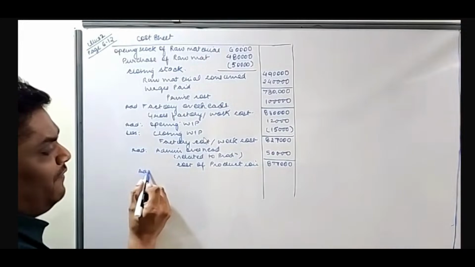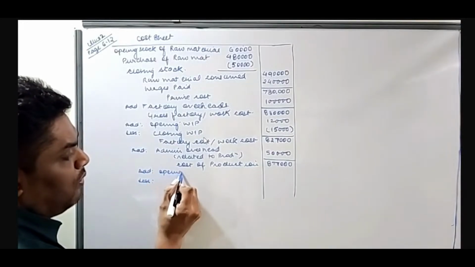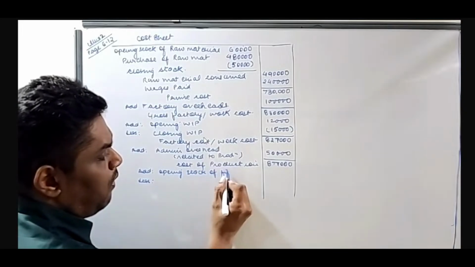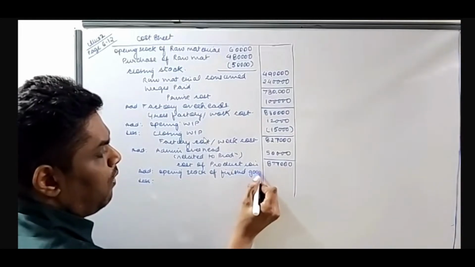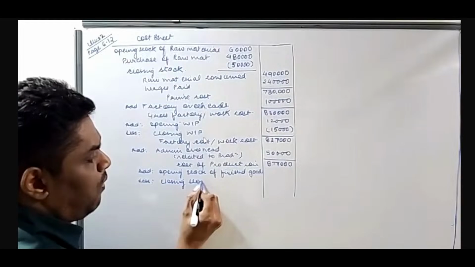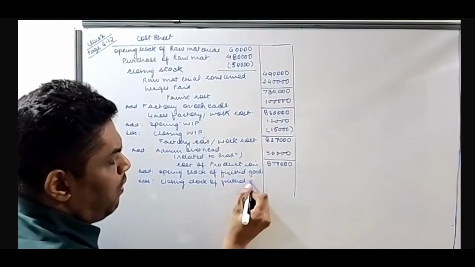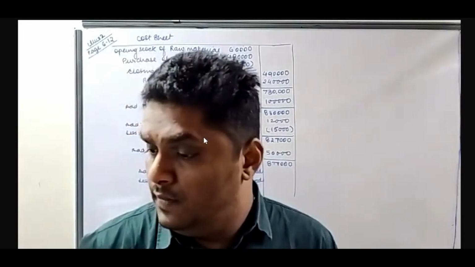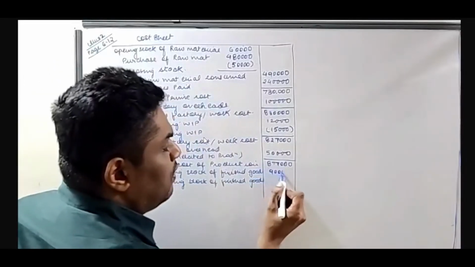In this, we have to make adjustments of opening and closing stock of finished goods. So opening and closing stock is given, that is 90,000 and 1,10,000.